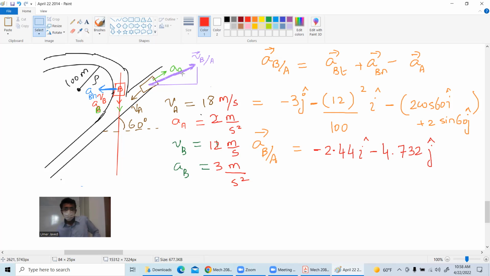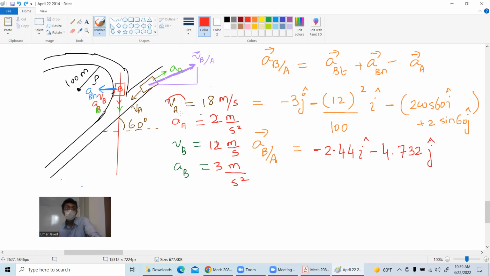Just to be clear, why is my purple arrow in this direction? Well, as the person is going in this direction, and the car is going in this direction, you can see that the velocity of car B, I suppose, is less, and the velocity of car A is 18.